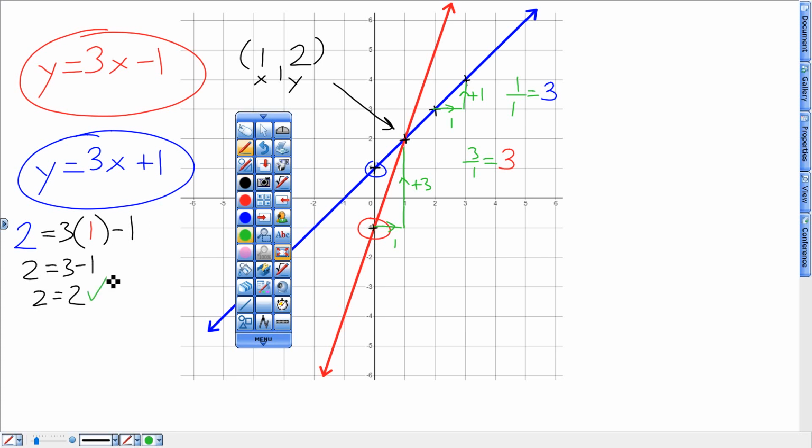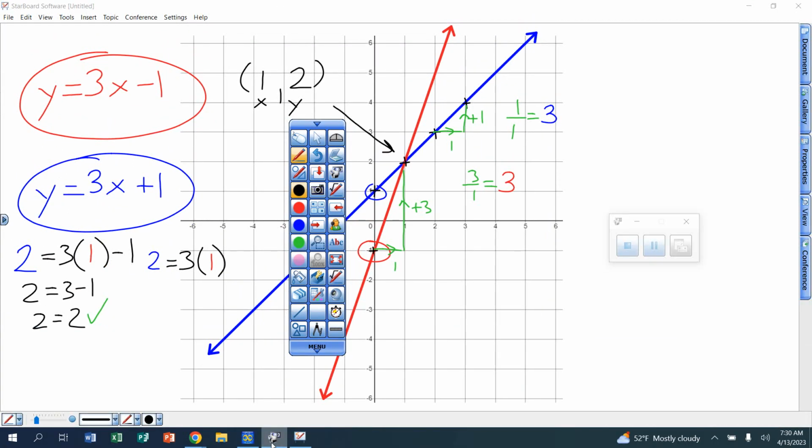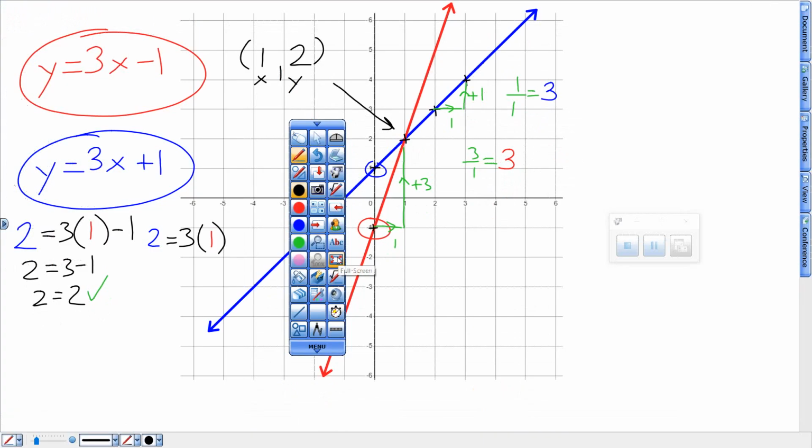That is true. Plug it into that next one. And then, of course, I could see there's my mistake I was trying to find.